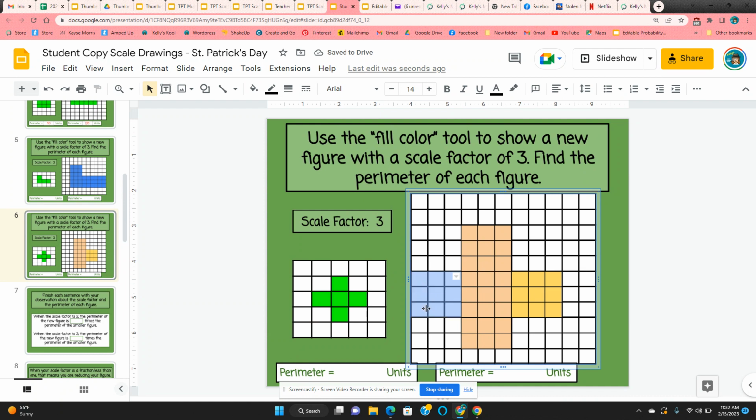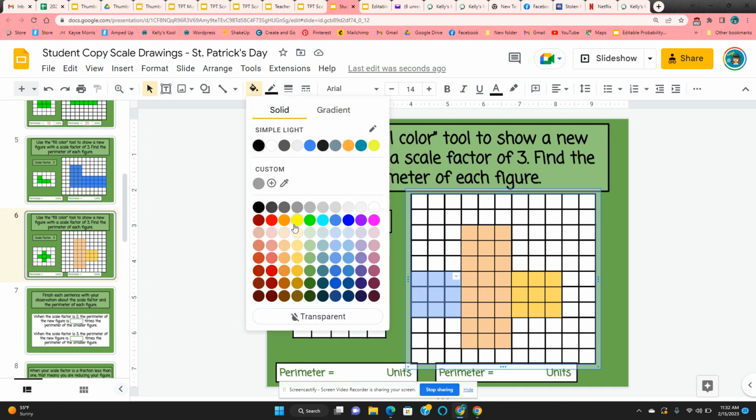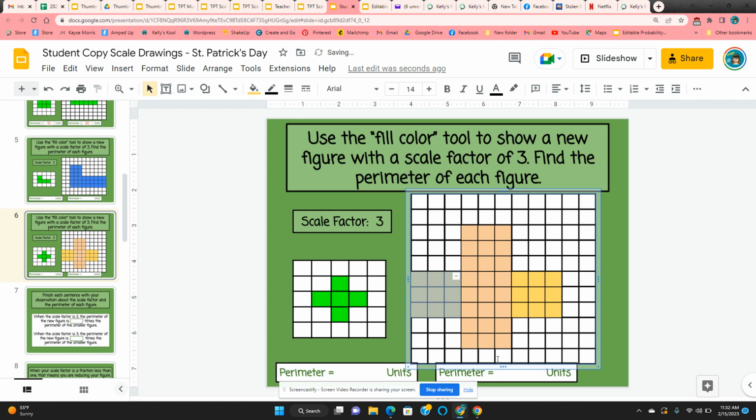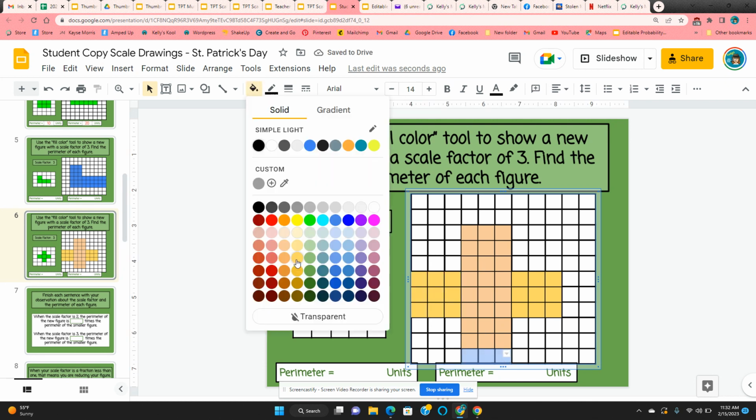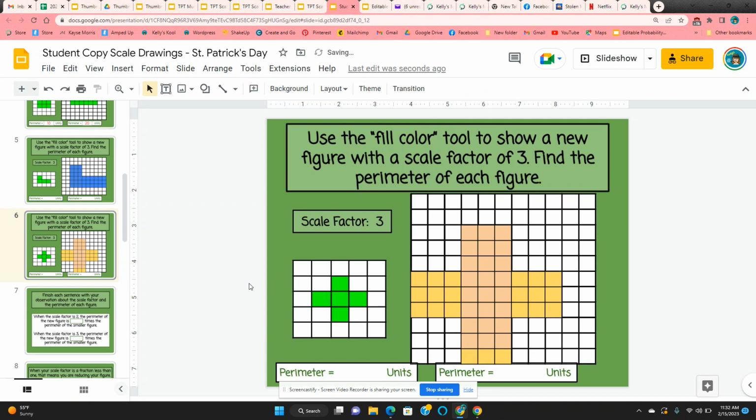Looks like we're going to have to add a little bit to the bottom. Okay, it's going to look something like this. So again, they're going to count the perimeter of the smaller figure, count the perimeter of the larger figure, and they're going to find that the larger one has a perimeter 3 times as much as the smaller figure.